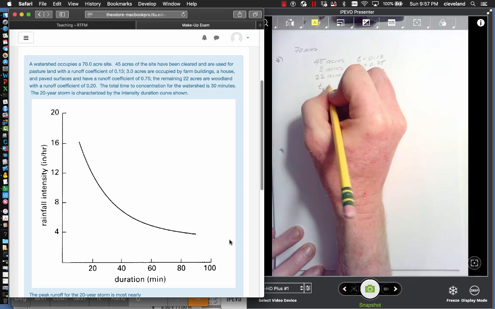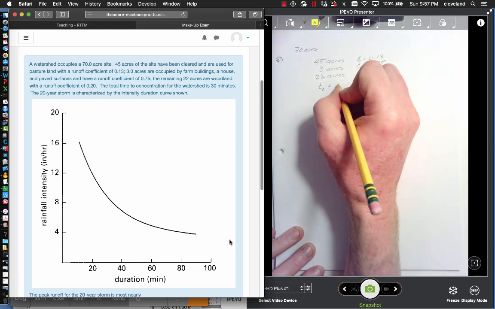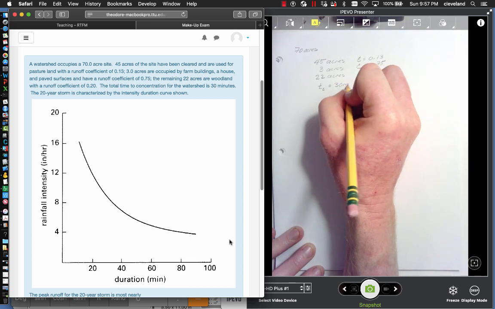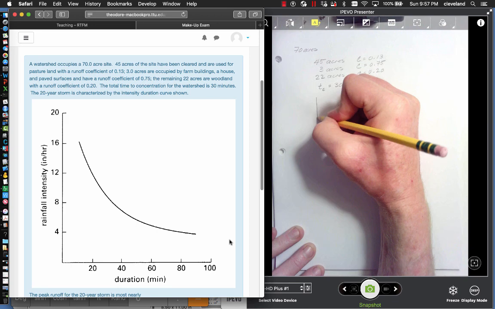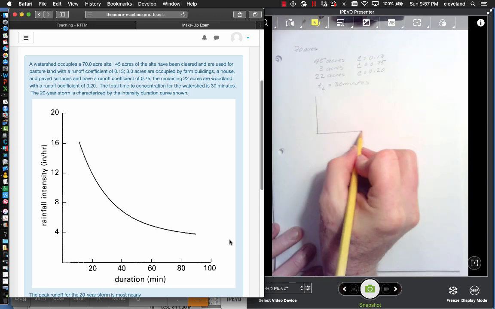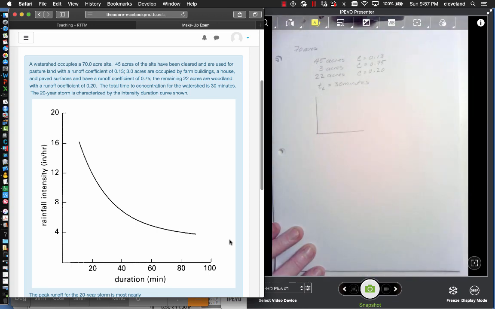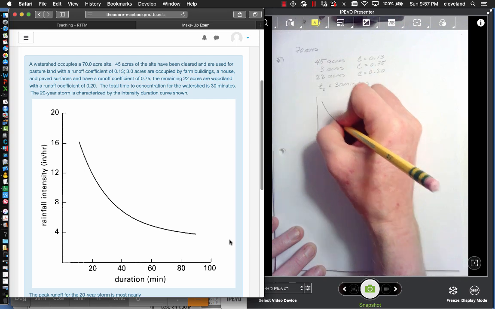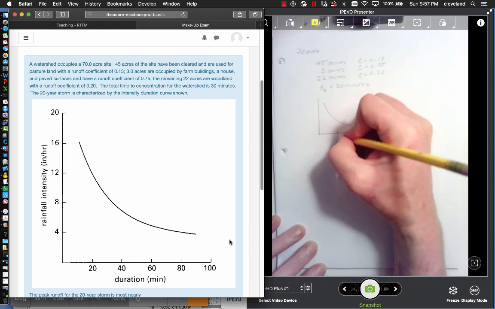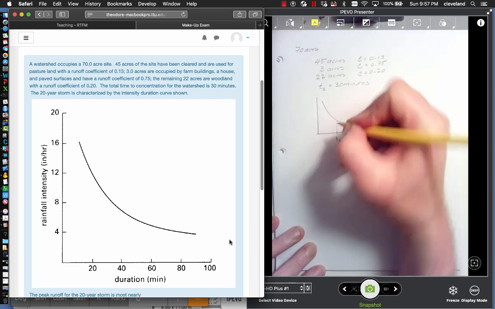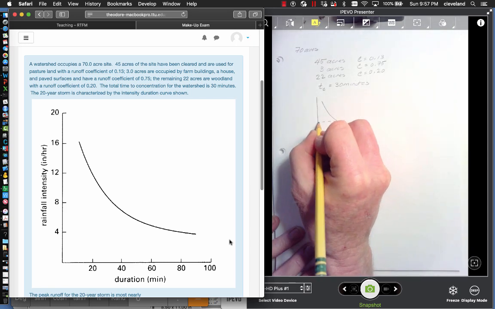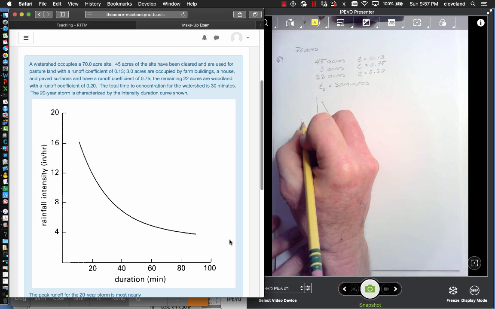We know that the time of concentration is told to us of 30 minutes, and we were given an intensity duration curve. Looks like that, and we want to go to the time of concentration value and then read the associated intensity.